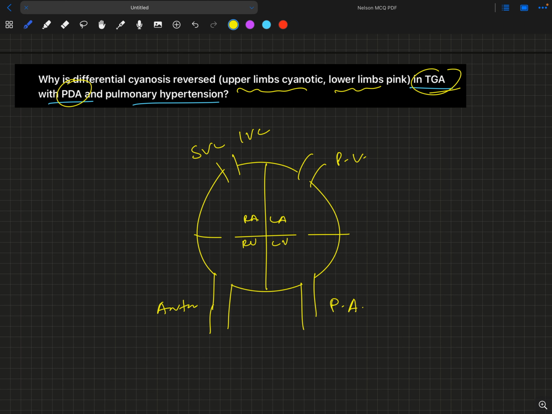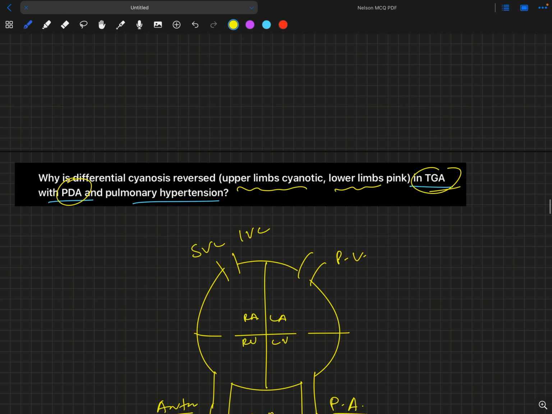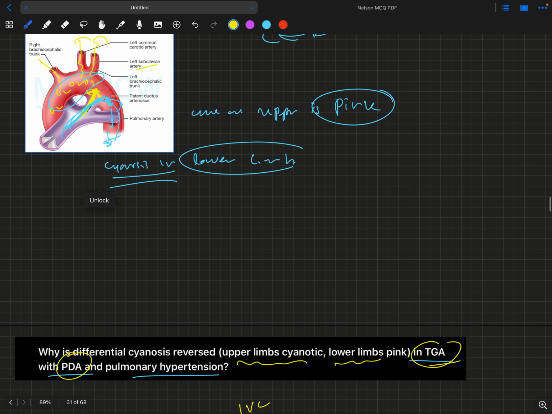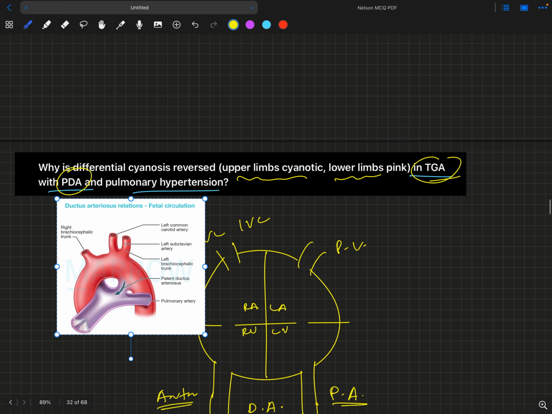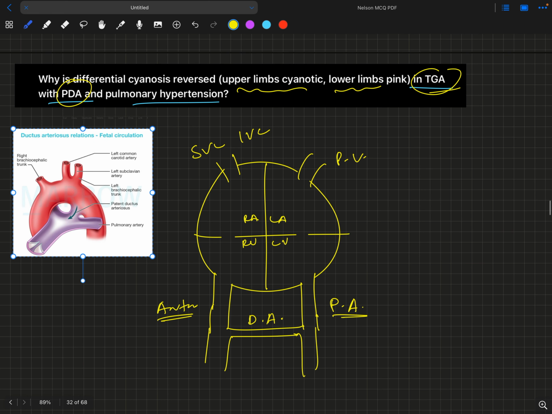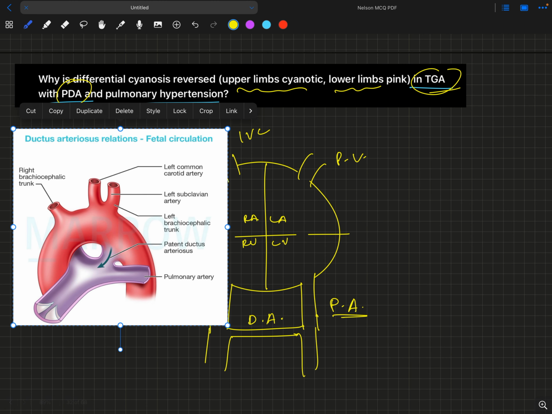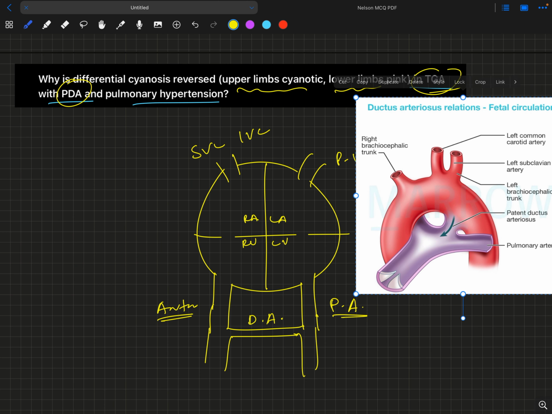Now, what is patent ductus arteriosus? Ductus arteriosus is the connection between the aorta and pulmonary artery. I have to make this diagram here so that we can understand it better.